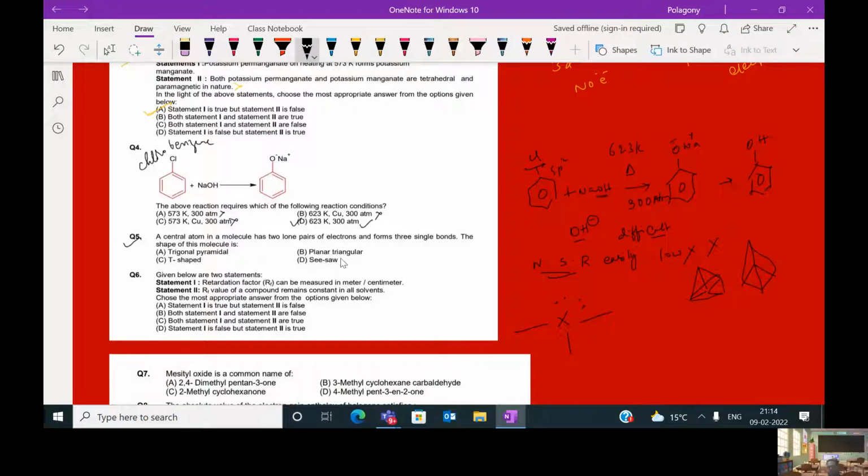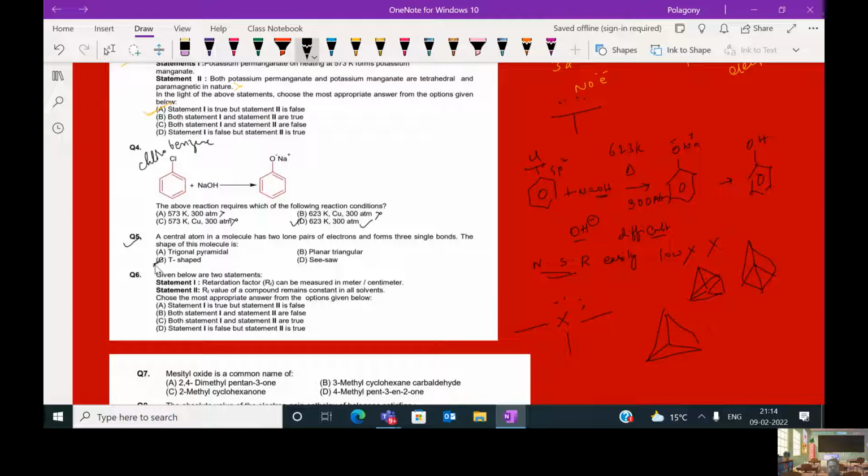Next one is the planar triangle, which has no lone pairs. And the T-shape is a molecule with three covalent bonds and lone pairs, and lone pairs cause repulsion.